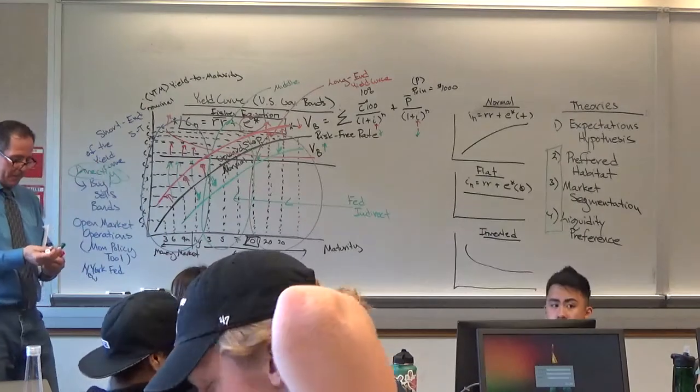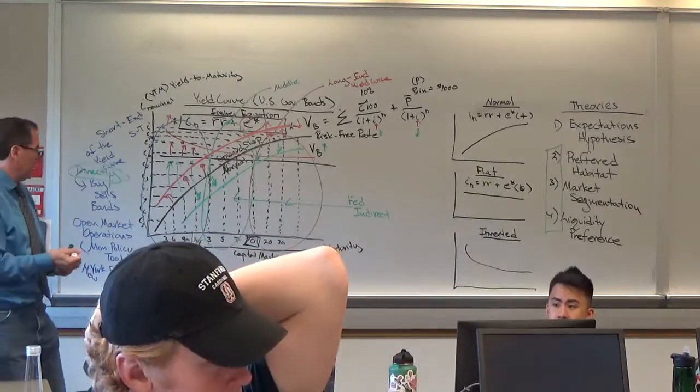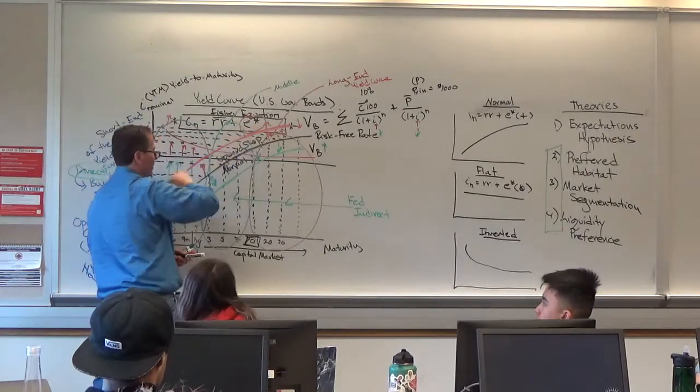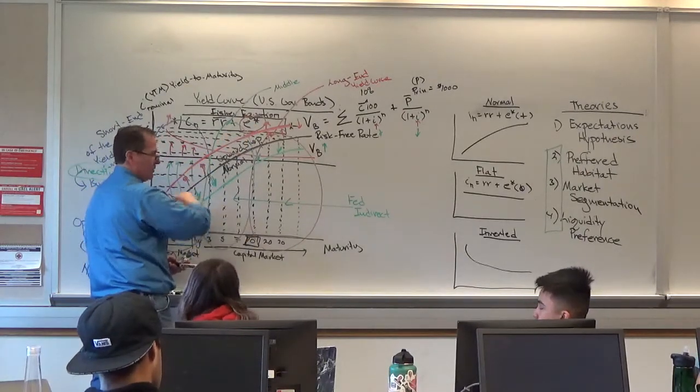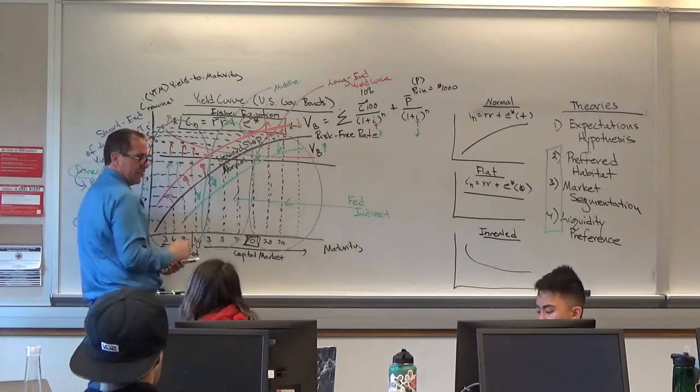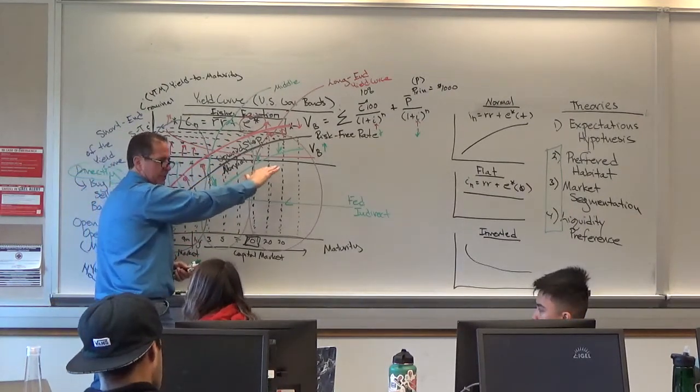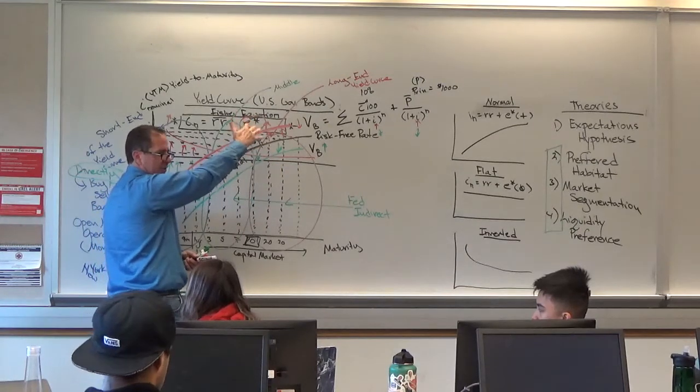Just to clarify, when does it shift up? The yield curve shifts up when inflation expectations across the curve, across all the maturities, go up. The yield curve is going to shift down across all the maturities when inflation expectations fall.